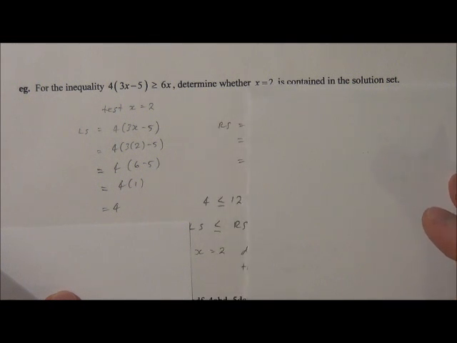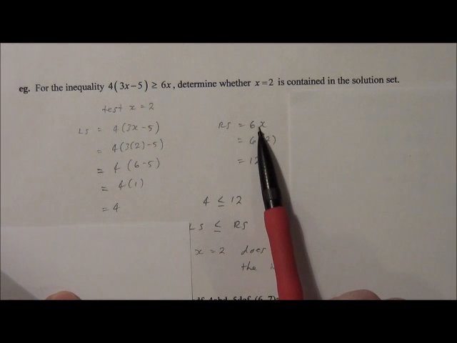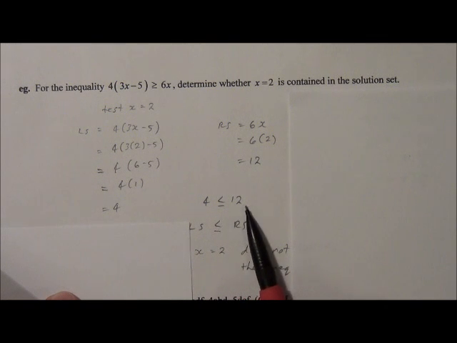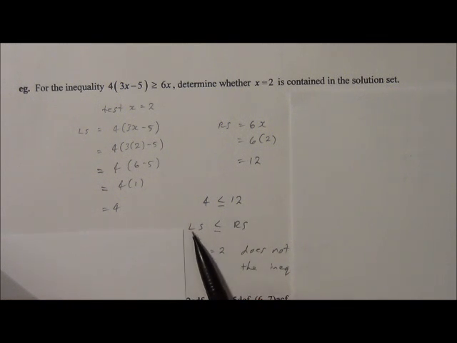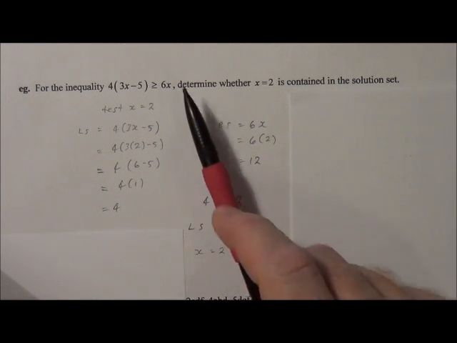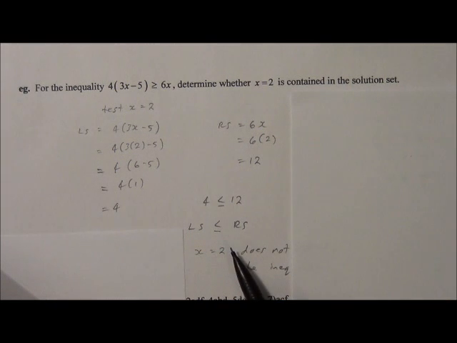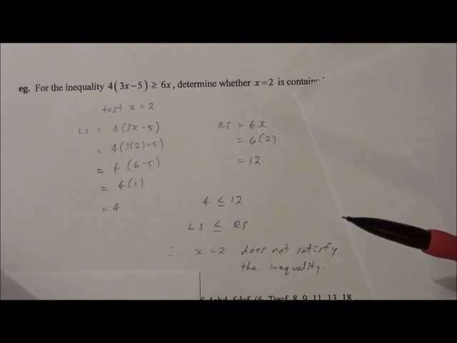The right side is 6x, substitute in the 2, so we get 12. 4 is less than or equal to 12, which gives us the left side is less than or equal to the right side, which is not the same as what we're initially given. We're given greater than or equal to. Therefore x equals 2 does not satisfy the inequality.